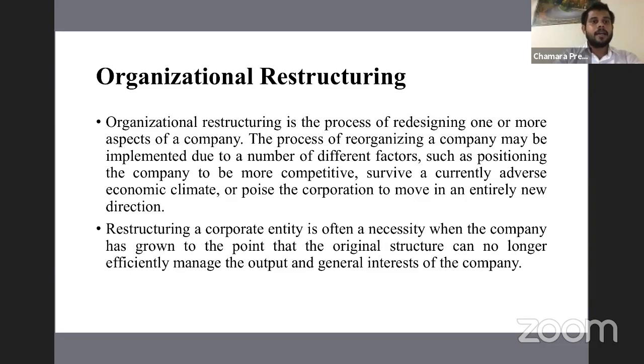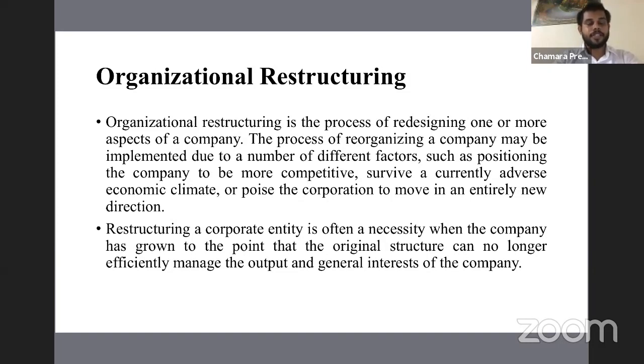So now you can understand when you look at these slides as well. Why do we do it? As I explained, it may be to survive in a currently adverse economic climate. Sometimes it means downsizing employees, removing employees, or restructuring the layers. These kinds of things are happening, right?